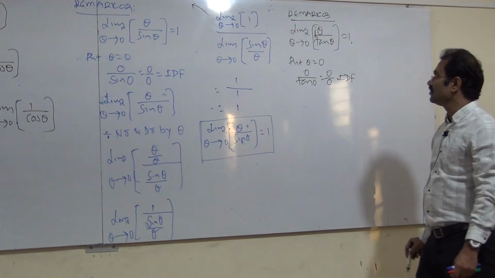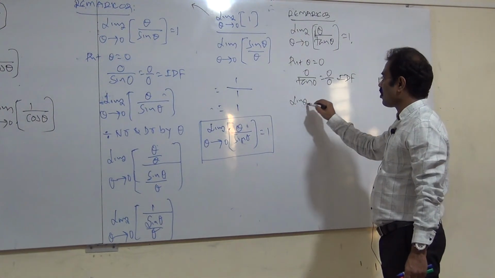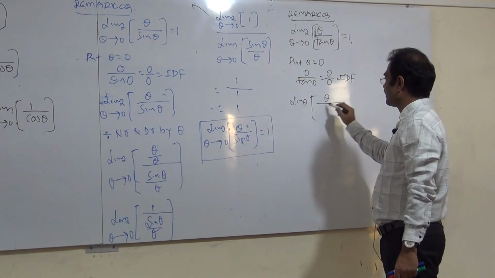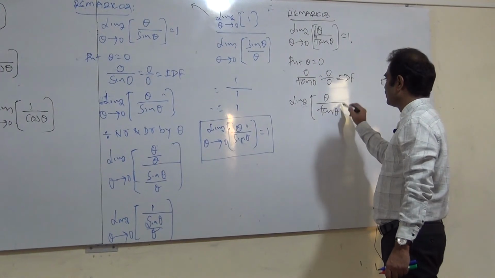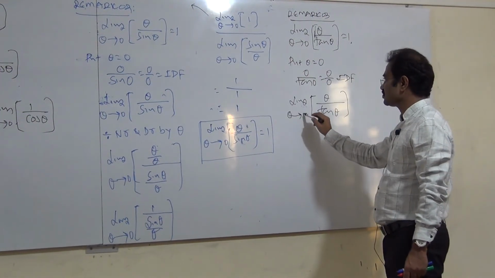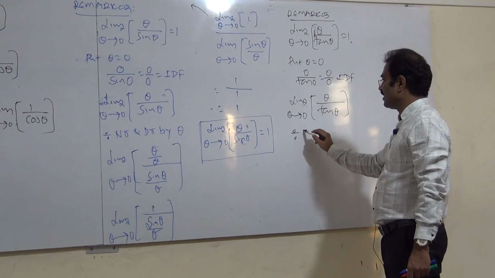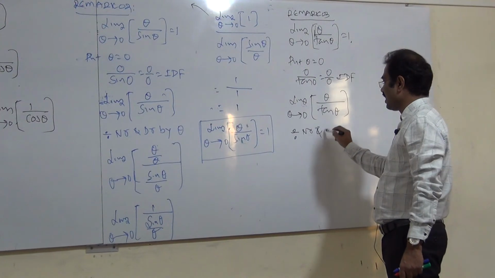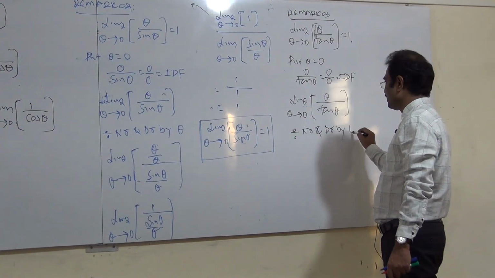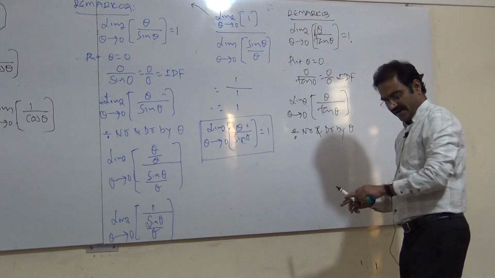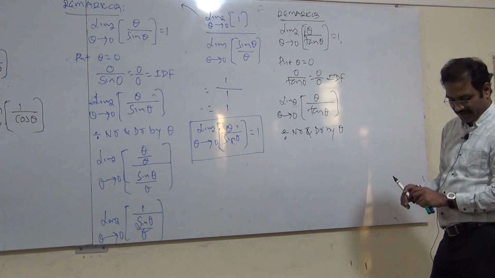Then what do you have to do? Write the problem, theta divided by tan theta as theta tends to 0. Divide numerator and denominator by theta.